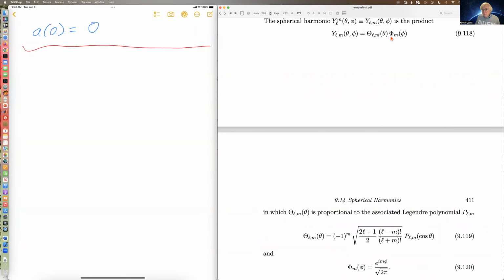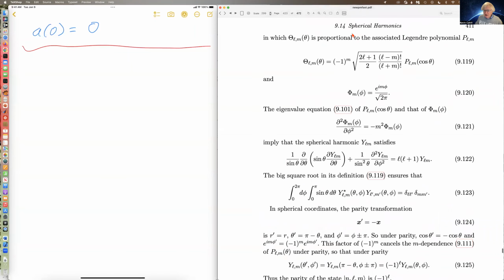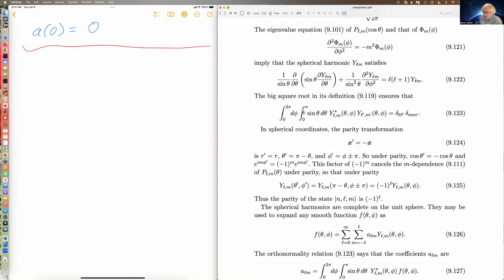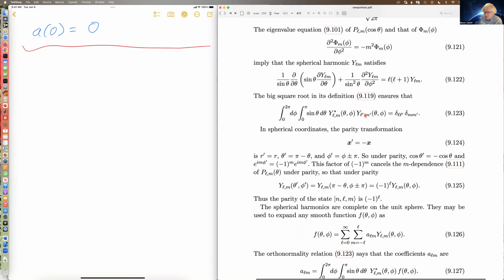And the product of this times this gives you the spherical harmonic. The eigenvalue equations for Phi and P_L^m imply that the spherical harmonic satisfies this differential equation, and the square root in the definition of the spherical harmonic gives us this very nice formula that if you integrate over all of solid angle, the spherical harmonics are orthogonal.